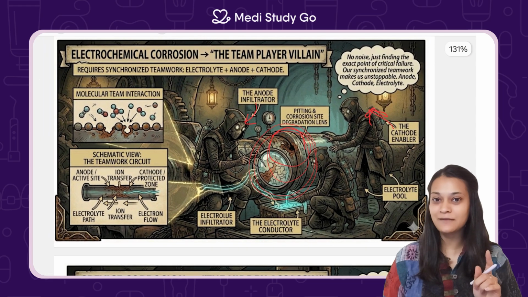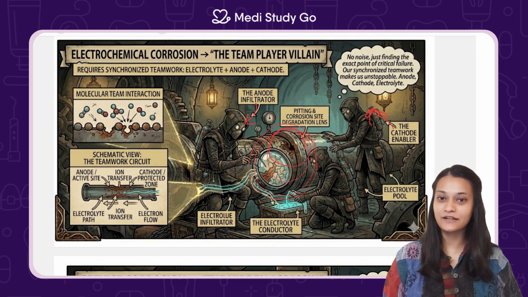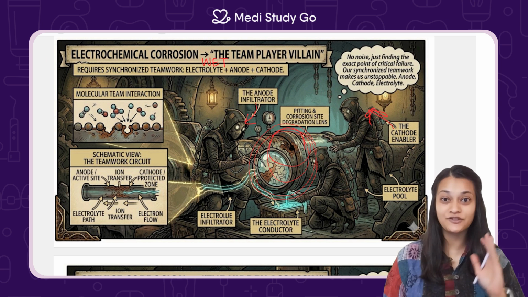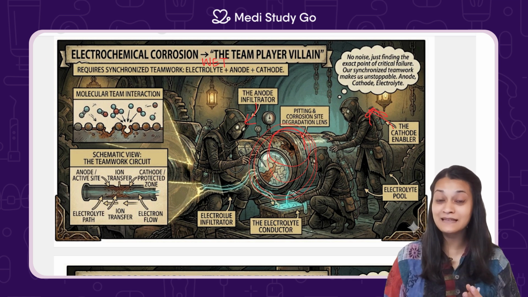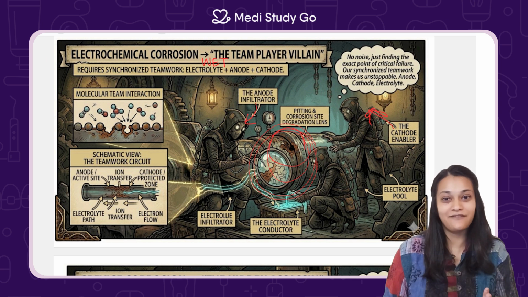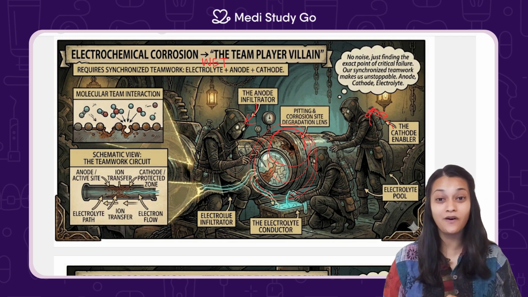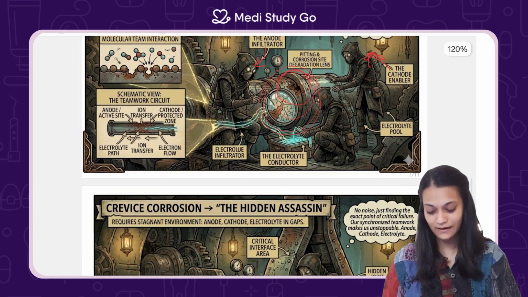So this team is going to function electrochemically. You also need to understand that it is known as the wet type of corrosion because there is going to be electrolyte, and electrolytes are present in your saliva, and saliva is formed majorly out of water. So this is known as wet corrosion as well.